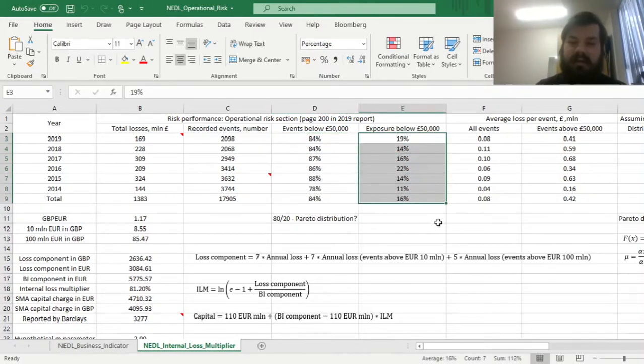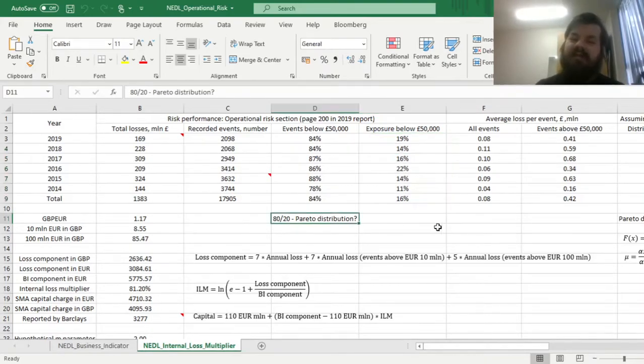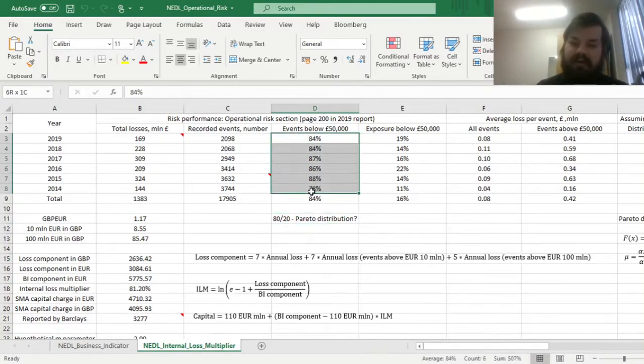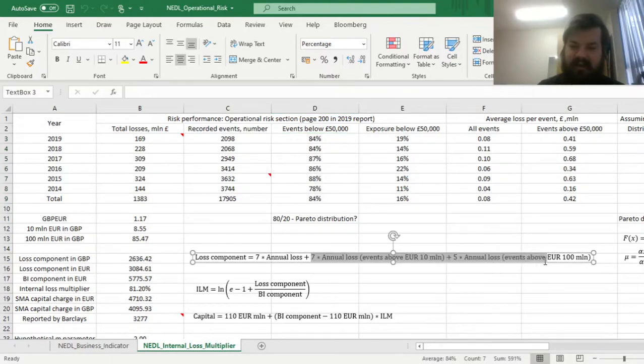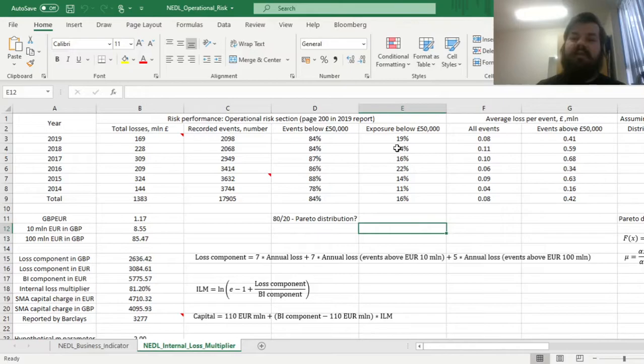Most commonly, they accounted for less than 20% of the total losses. And 80-20 is something that should remind you of the Pareto distribution. 20% of the most significant loss events, at this very tail that the loss component tries to account for, account for more than 80% of your operational risk losses.